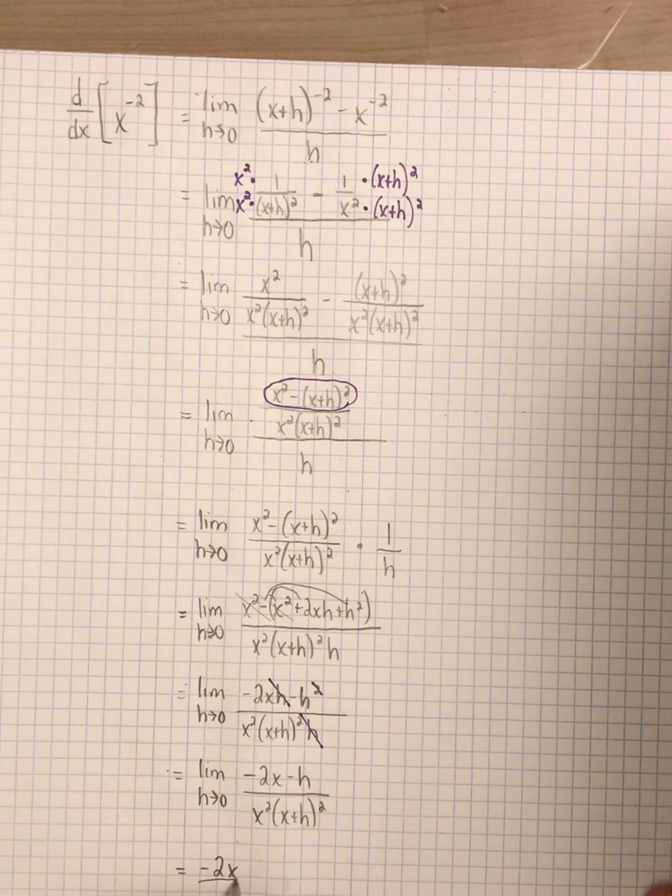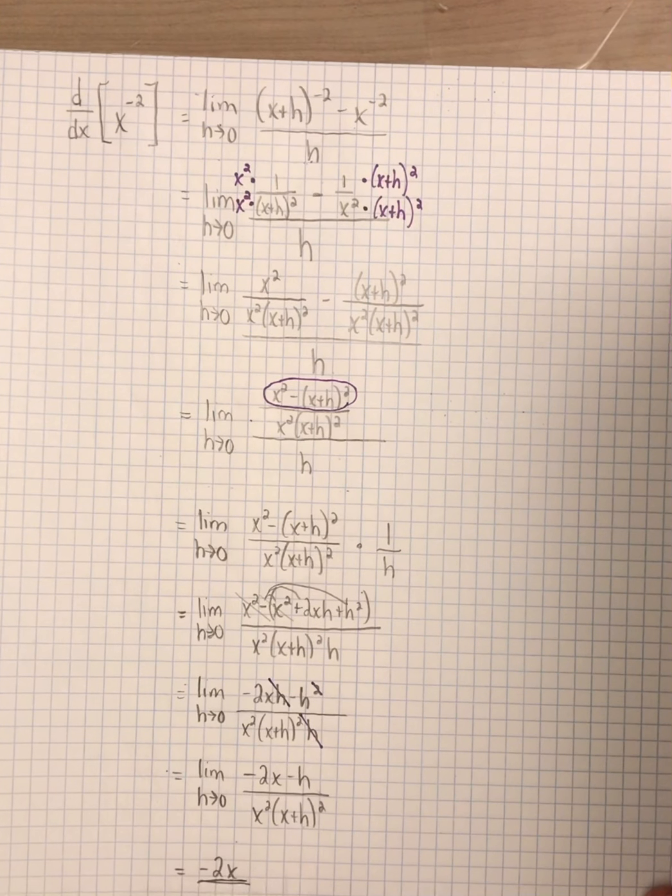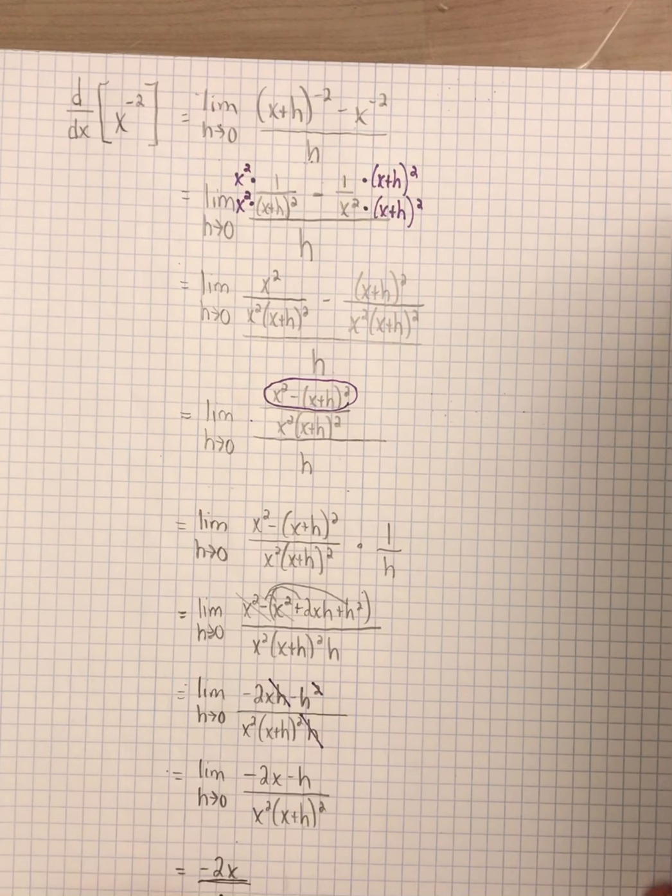So we have in the denominator this x squared times another x squared, which is x to the fourth. A single factor of x cancels from both the numerator and denominator and leaves us with negative 2 over x cubed.